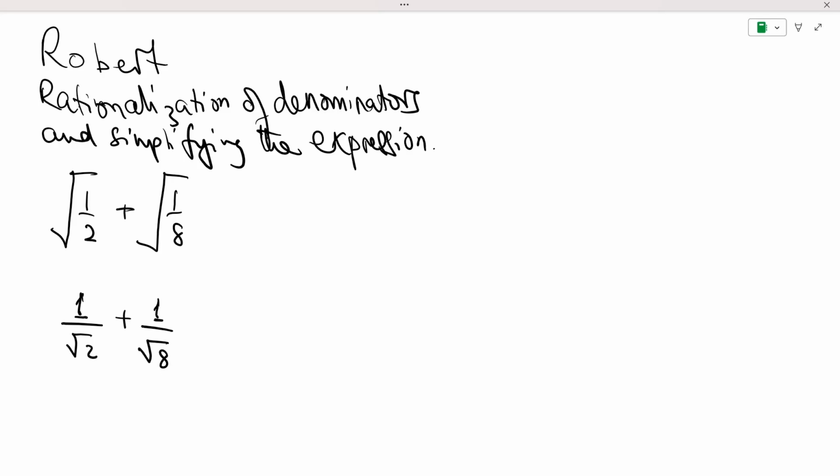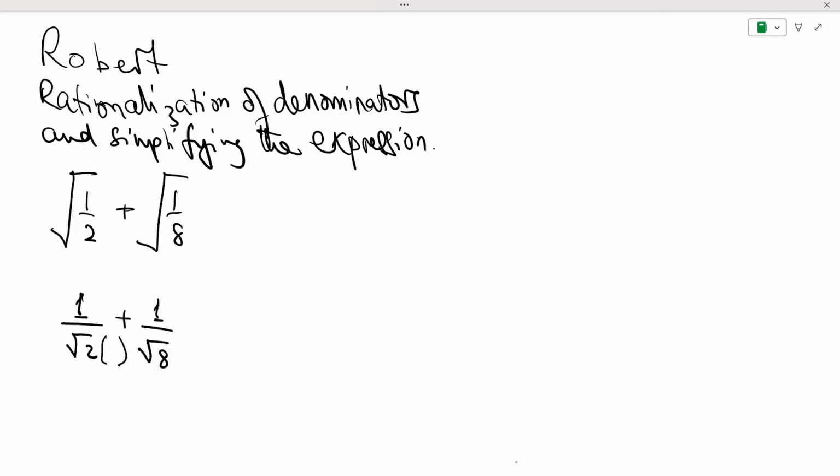Now, from there, we begin by looking at the denominators because we are trying to rationalize the denominators. What that means is trying to get the root sign out of the denominator part of our fractions. And we'll do that by multiplying each denominator by a value which will allow us to get rid of the root sign.